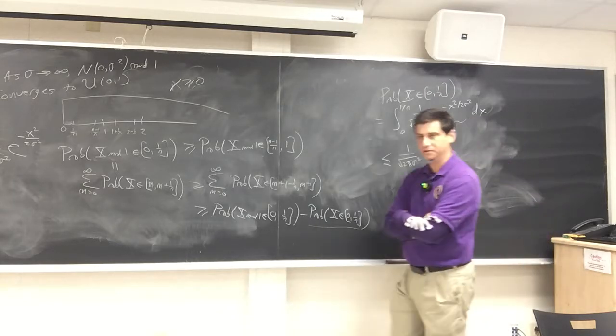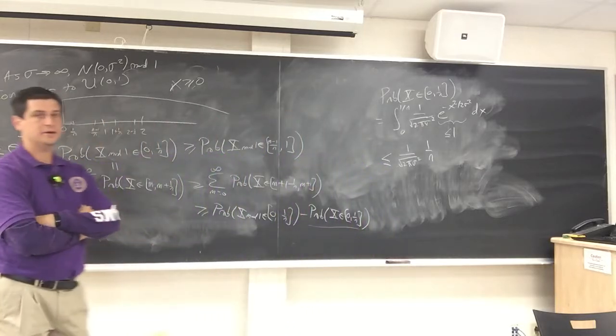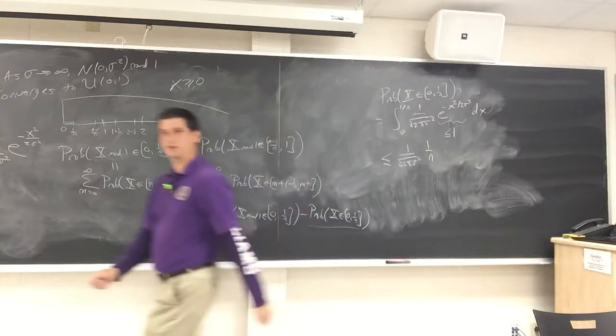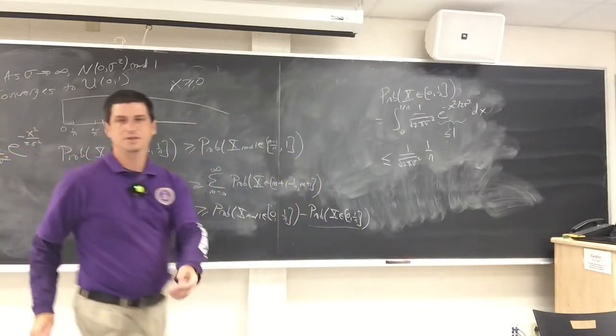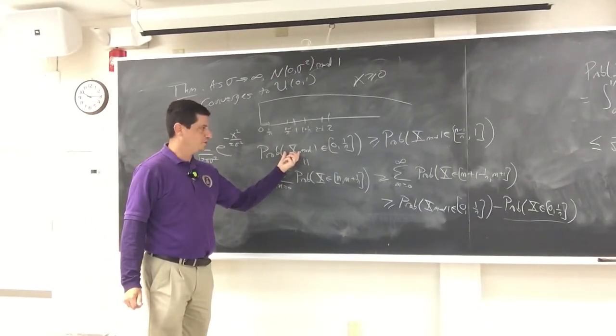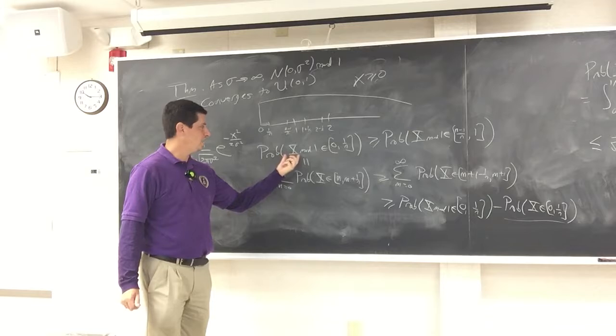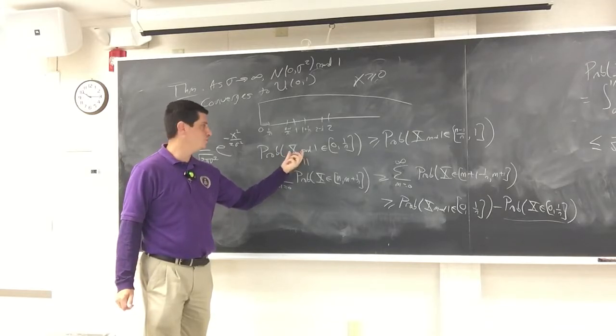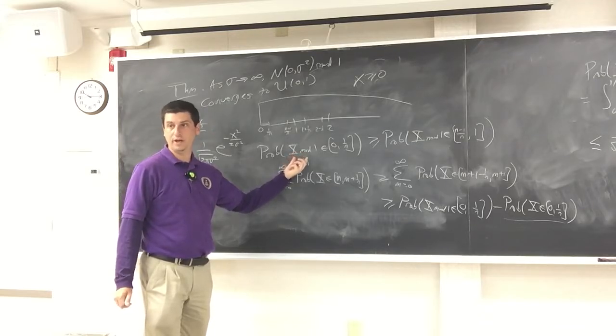So what does this mean? Well, if we go back over here, let's do it the old-fashioned way. If we come back, this probability that we are in 0, 1 over n, if it was uniformly distributed, what should this probability be? It should be 1 over n.